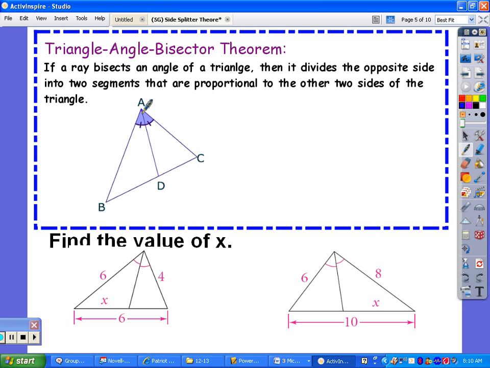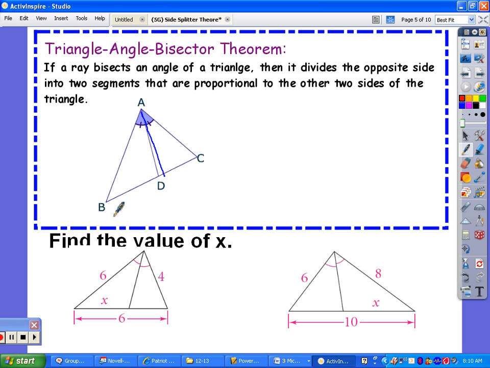So what that means in this triangle, AD, this segment here, it bisects the angle because we can see the 2 parts of the angle are congruent.